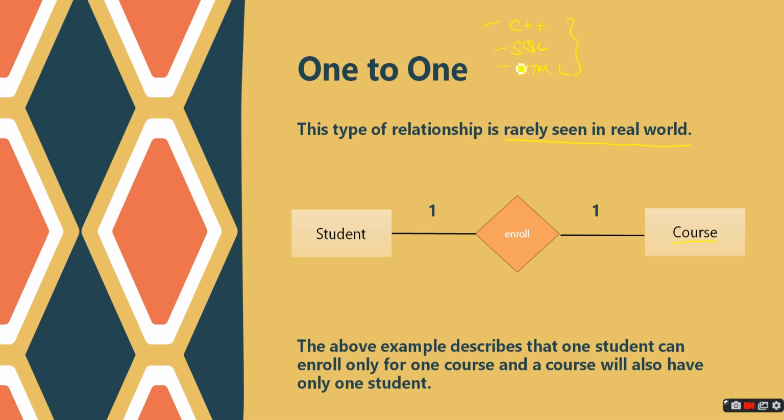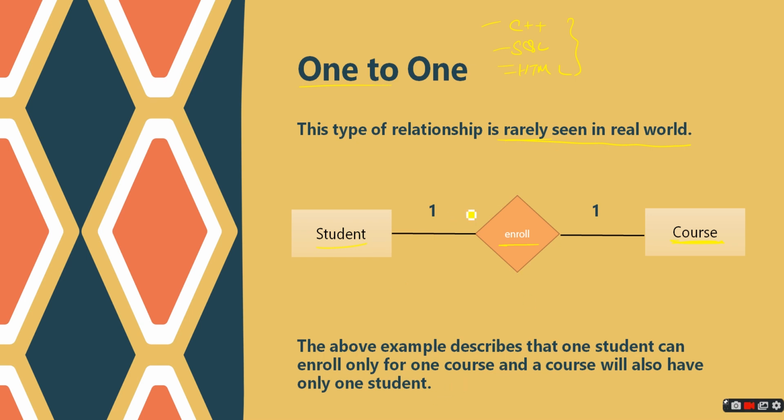I can enroll for any one of them or all of them. It totally depends on me. So if a student enrolled for only one course, this would be rarely seen. But if this exists, I need to make a table according to this.